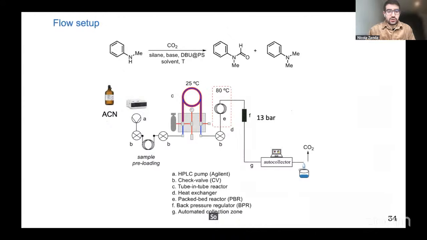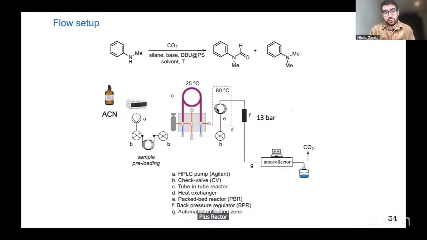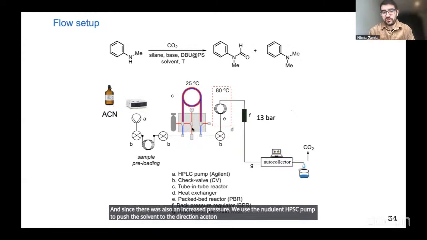So to actually be able to control this behavior, what we did was to change from a tubular glass reactor to a Teflon tube in which the catalyst was loaded as a slurry. And since there was also an increased pressure, we used an Agilent HPLC pump to push the solvent of the reaction, acetonitrile, into the stream.